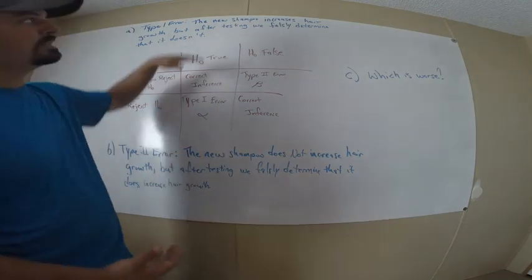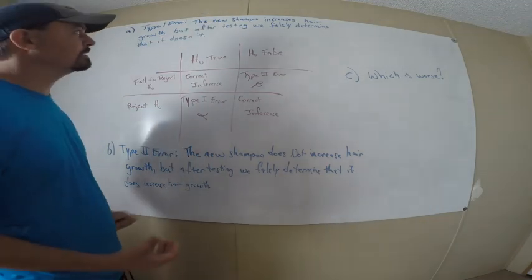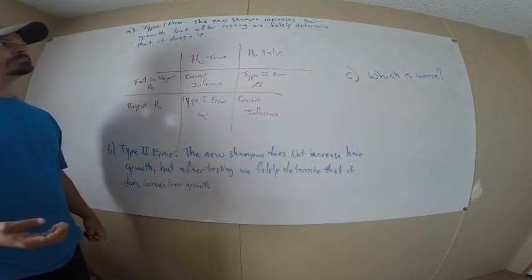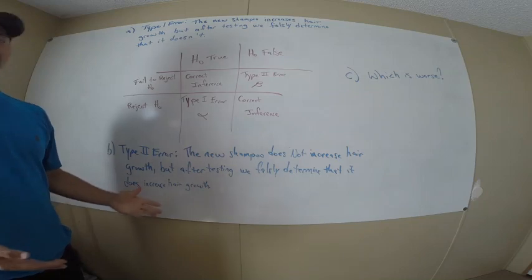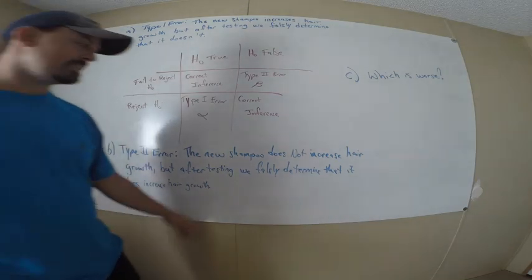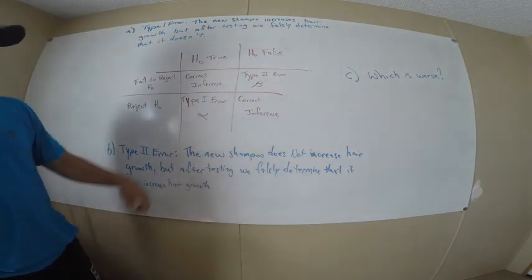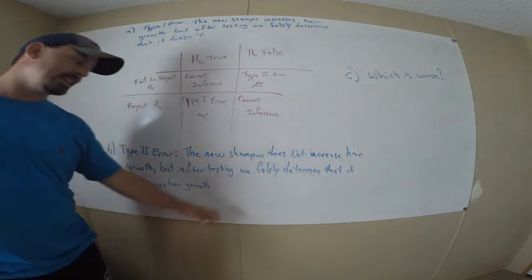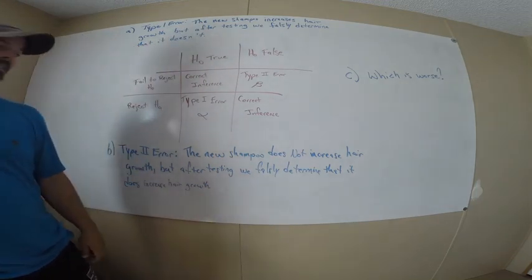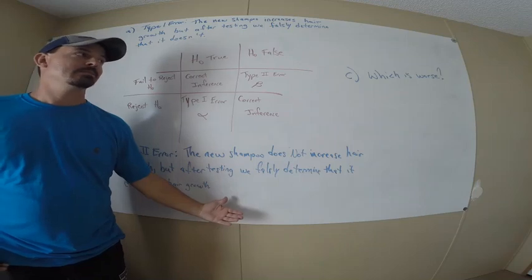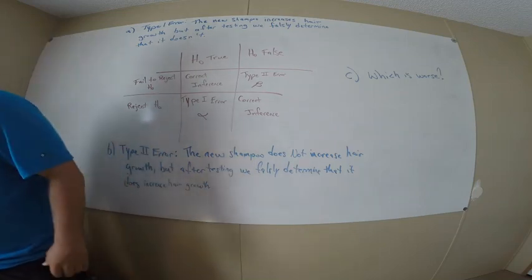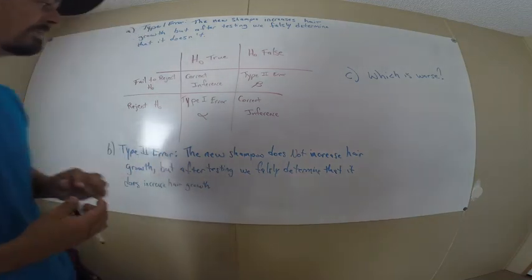It would also stink pretty bad to have a shampoo that really does work really well, but think it doesn't, because then I'm going to throw out that formula and try to find a new formula. But in this case, I would rather throw out a formula that works than wind up with a formula that doesn't work and have very unhappy customers. So which is worse? You can write down whatever your opinion is here, as long as you have good justification for it.